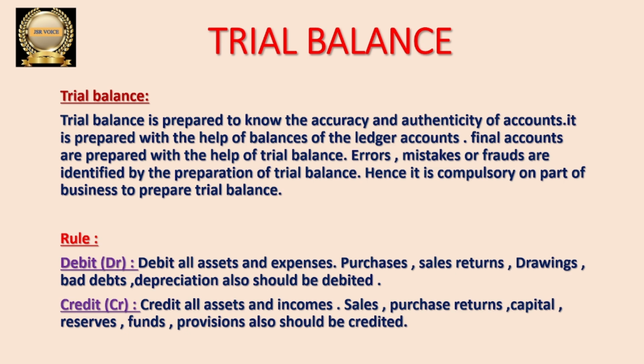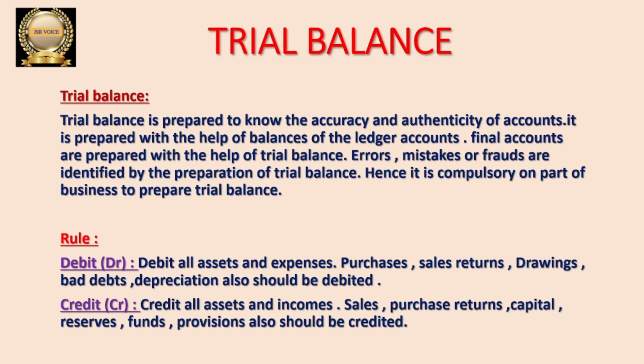The list of assets and list of expenses I have given, you can refer to that list later. And not only those two, purchases, sales returns, drawings, bad debts, depreciation also should be debited. You have to remember this rule compulsorily to prepare a correct trial balance. If you remember this, you will never make any mistakes in preparation of the trial balance.